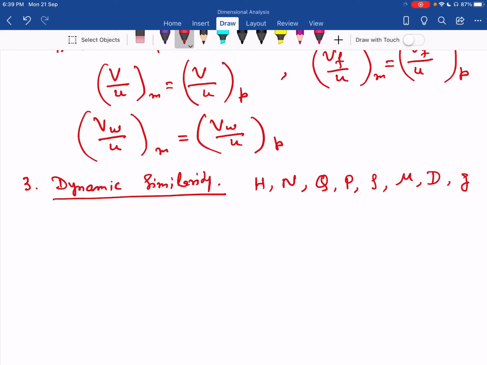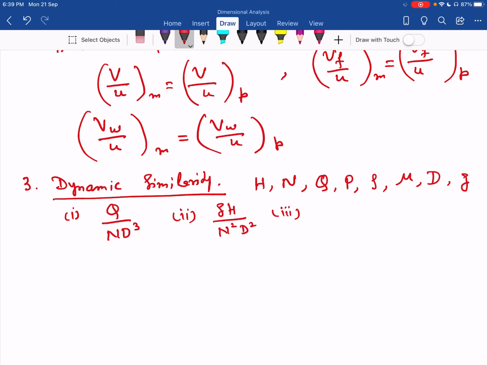When we apply dimensional analysis on all these variables, we have a different set of pi terms. In the end, we reach four terms. One is Q upon N D cube. The second term is gH upon N square D square.